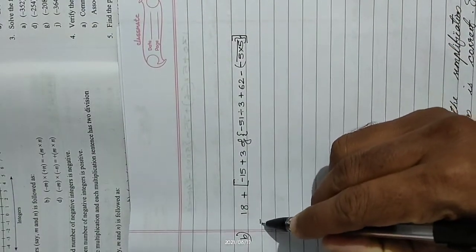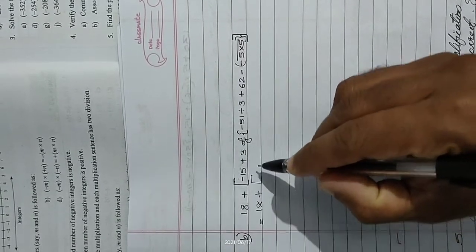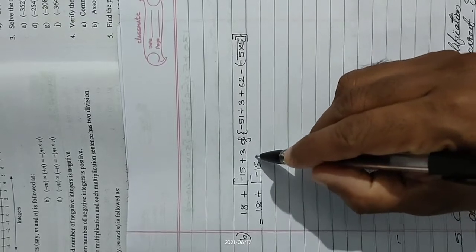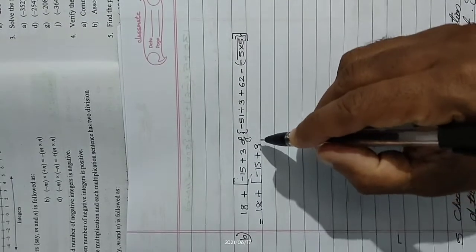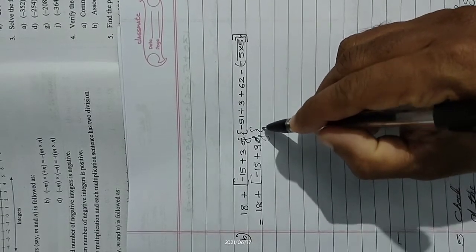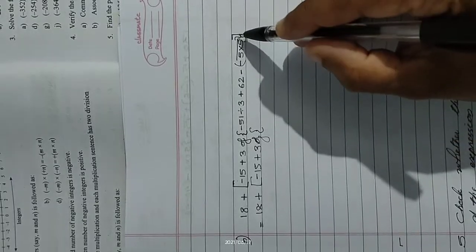First we write 18 plus negative 15 plus 3 of. "3 of" means it is multiplication, that we write last only. Inside this curly bracket, here it is division. That division we solve because it will not affect this part.